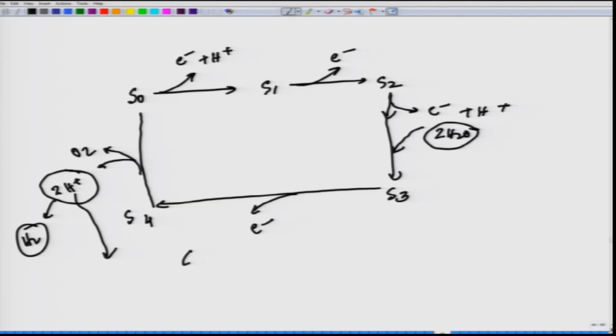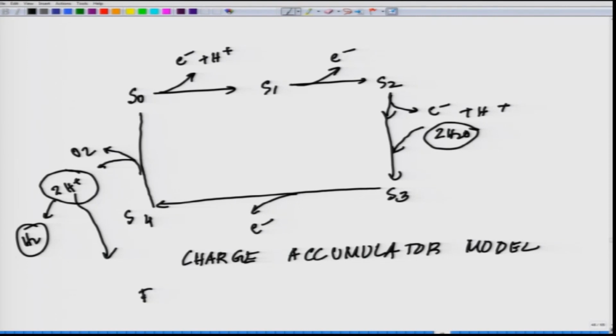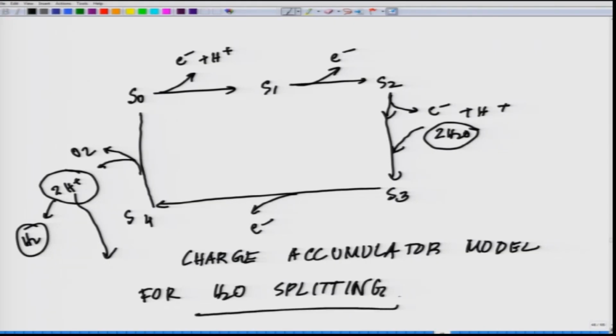So, this is basically called the charge accumulator model for water splitting. The charge accumulator model for water splitting is the sequential withdrawal of 4 electrons.